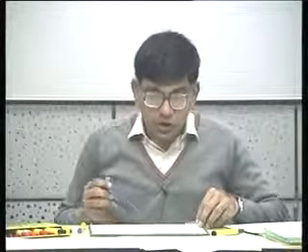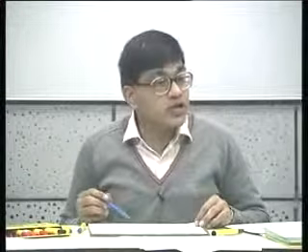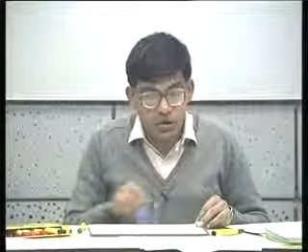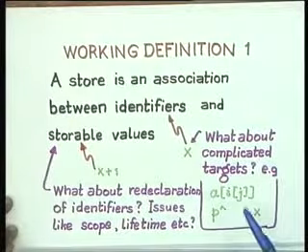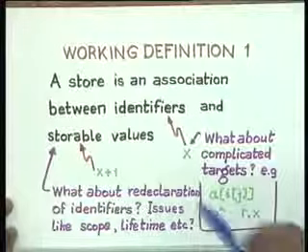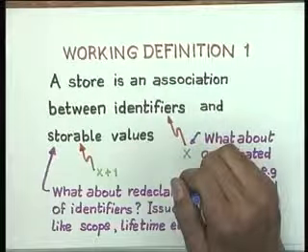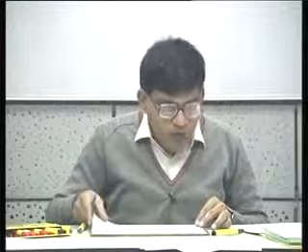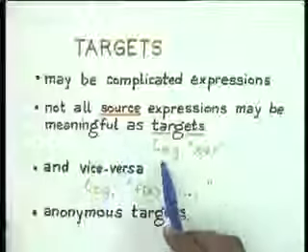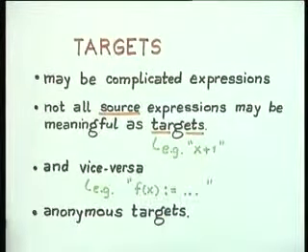So then there are further complications. What about when identifiers get redeclared? Can you just talk about a store as such an association? Is a redeclared identifier different from the identifier that was previously there? What about scope issues? And also not all target expressions might be meaningful.